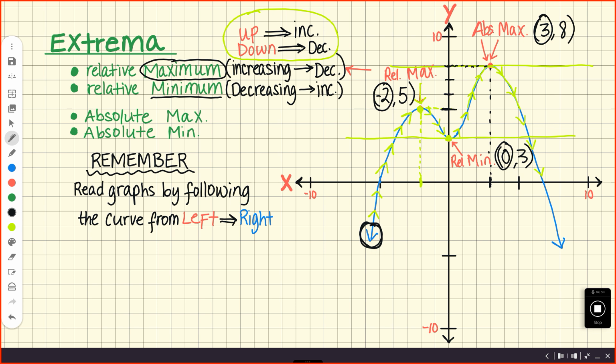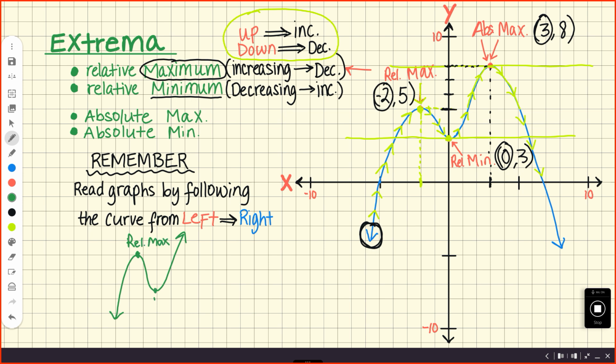Okay, so I'm going to draw a graph not on the graph paper, but here on the side, and show you if we had a graph that went like this and just kept going up and down here. This would be a relative max.